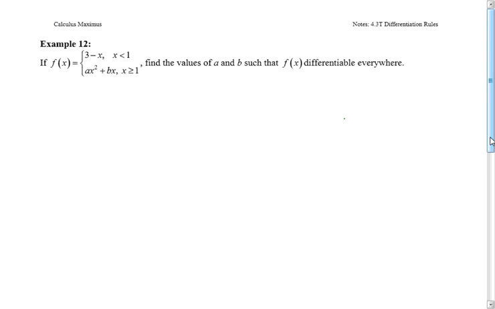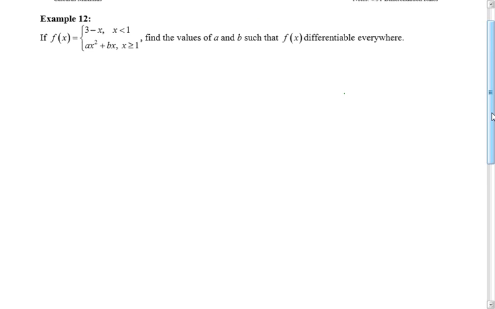Alright, we have one more problem here. So we need to figure out where this is differentiable. Okay, before we can determine if it's differentiable, we need it to be continuous first. Okay, and so we have to remember how to do that. So we're talking about the limit as x approaches 1 from the left side of 3 minus x equals 2.